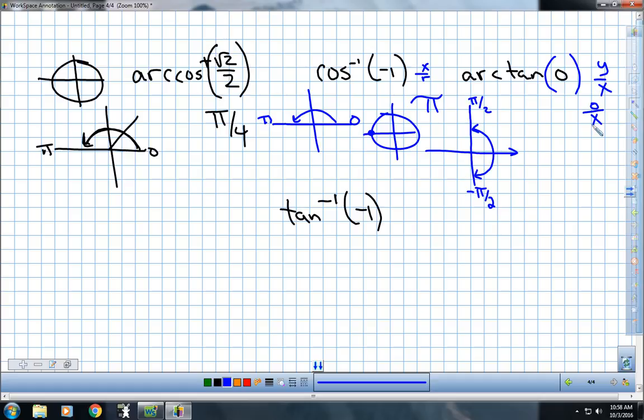And y is 0 either here or here: 1, 0 and negative 1, 0. But is this angle even defined for inverse tangent? No. So it is, in fact, 0 radians or 0 degrees.